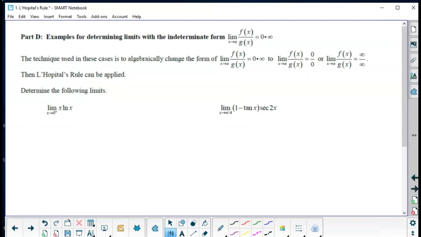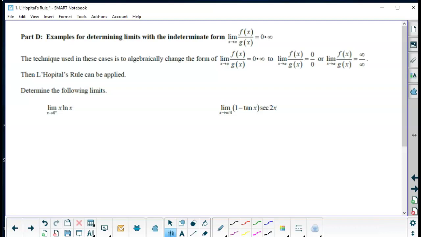There we go. Okay. Next is if we have 0 times infinity. So somehow it simplifies and you get a multiplication. Okay, so we want to basically change the expression. So you'll notice these examples here. These are all products. There are no fractions.